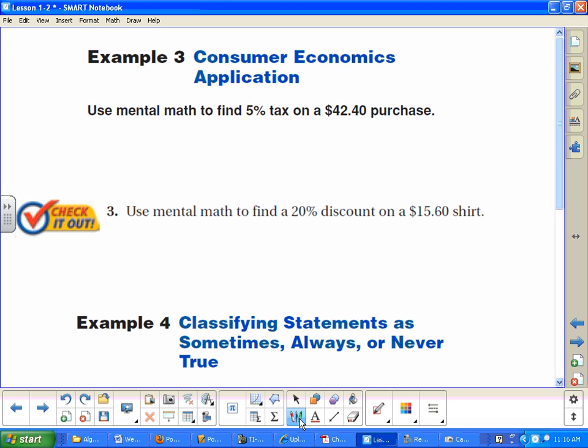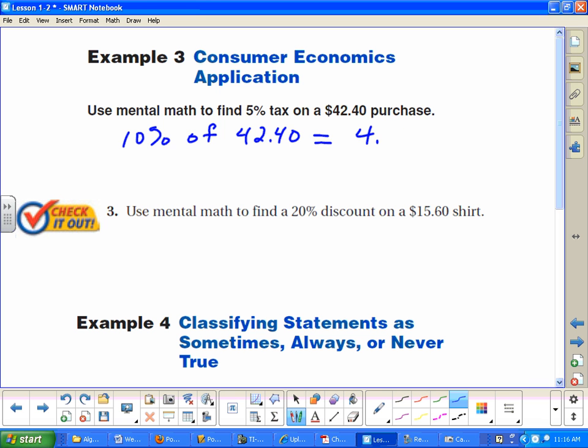So 10% of $42.40 would be $4.24, right? So how does 5% compare to 10%? That's half of it. So 5% of 42.40 would be half of that, or $2.12.